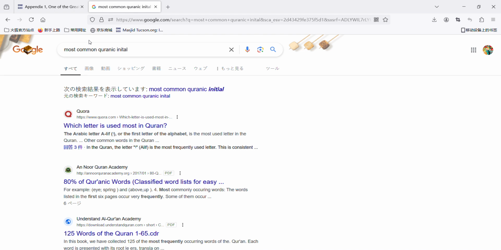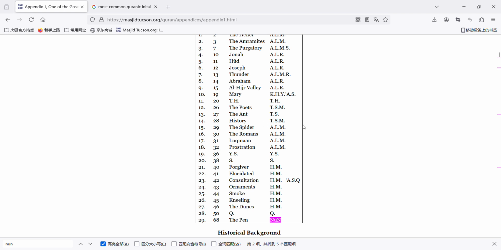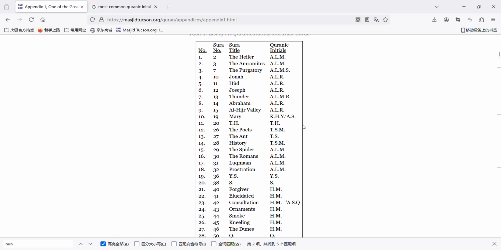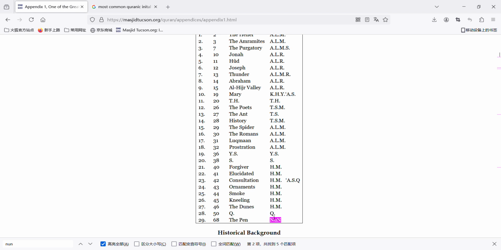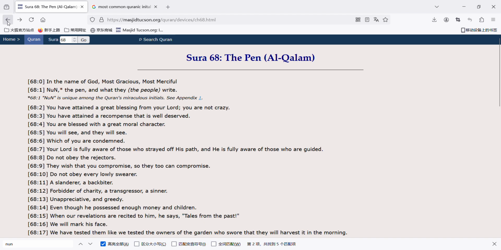Alif. So Hamim also seems common. They used some frequency calculations in the Quran, and that's why it makes it interesting. And especially in this surah, we see that it depends on what people write.